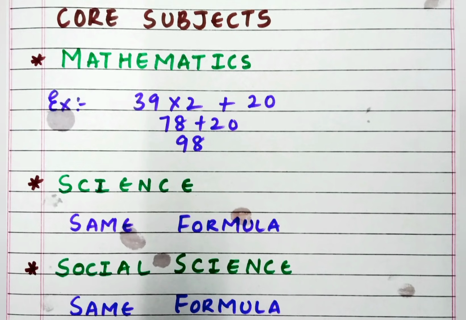Therefore, the total marks scored by you in mathematics will be 98. The grade will be A+. For science and social, same formula. Whatever the marks scored by you, multiply into 2 and add the internal marks. Now you get the marks scored in science and social science.